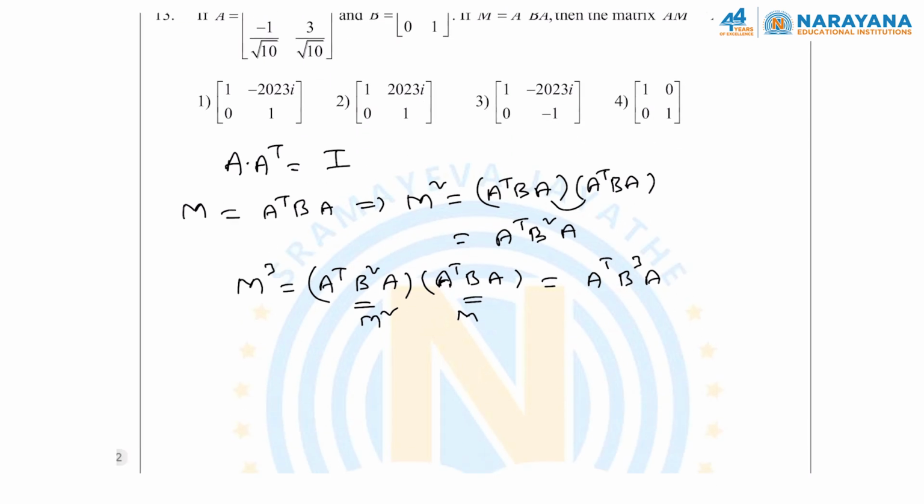So we can generalize that M power n will be A transpose B power n into A.